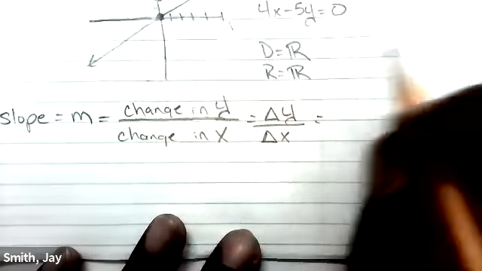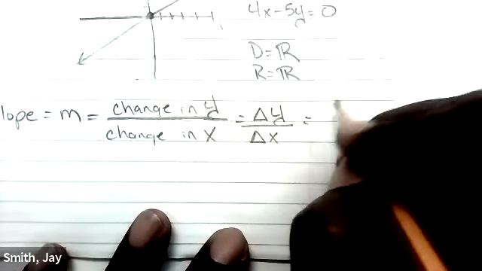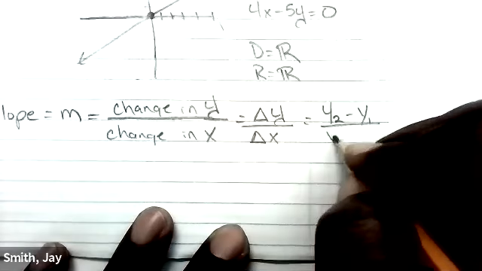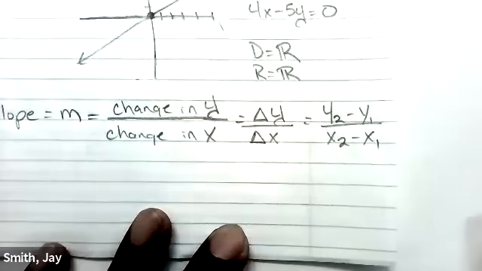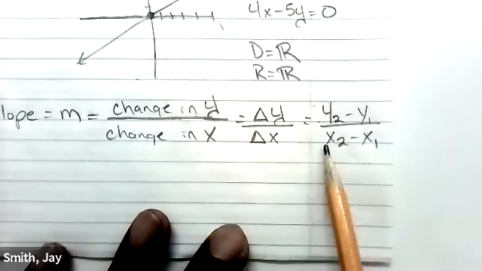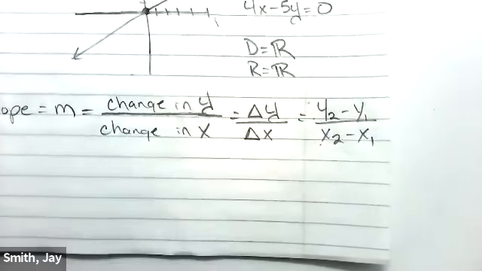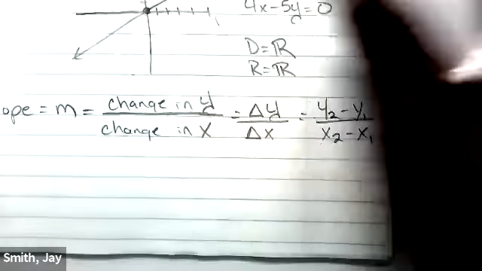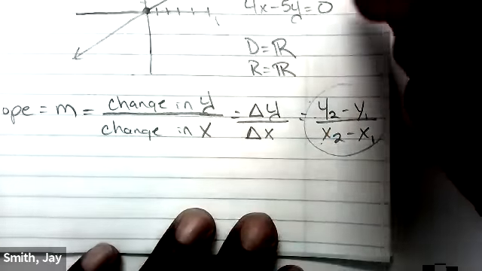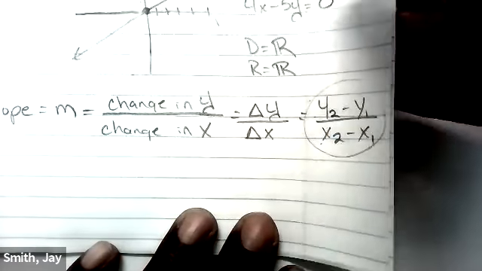But as far as our formula for the slope, this is what we're really going to be focused on. It's going to be y2 minus y1 over x2 minus x1, which would be the difference in two y's, or the change in y, and the difference in two x's, or the change in x. Some examples of this real quick. This is our slope formula. m is equal to y2 minus y1 over x2 minus x1.